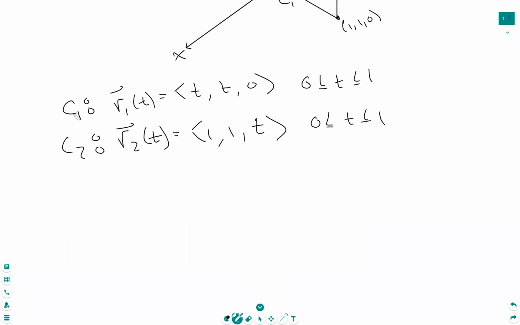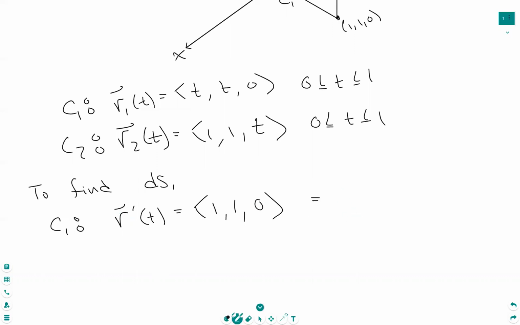So now when we calculate the line integral and we break it up into these regions, we have to find what r prime is on both of these segments. So remember, this is trying to find ds. So in the interval for C1, we say that r prime is 1, 1, 0, and the magnitude of this vector is equal to root 2.